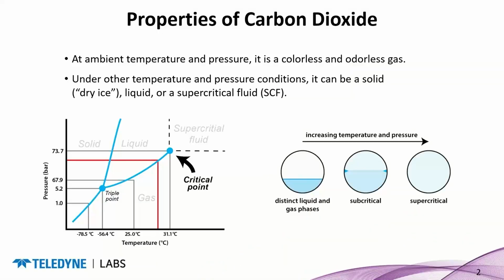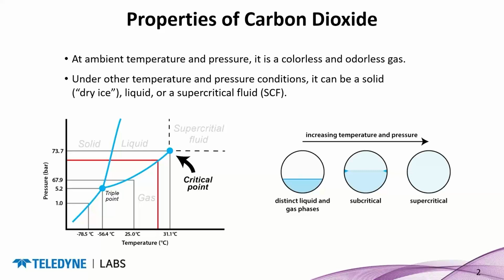First of all, let's start with a discussion about the properties of carbon dioxide. As you can see on the slide, at ambient temperature and pressure, which are the conditions we're living under, it's a colorless and odorless gas. Now, if you modify temperature and pressure, you'll see from the phase diagram in the bottom left of the slide the various physical states that carbon dioxide can be in.